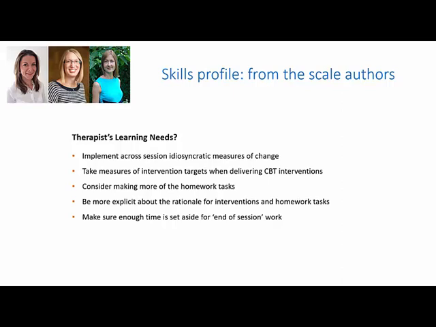Also noting the need to just be very explicit about checking out the rationale for interventions and homework tasks, and perhaps using the formulation to help the patient explore this rationale. And then finally considering allowing more time for that end of session work to make sure that setting up of homework and gaining patient feedback isn't something that is at all rushed.